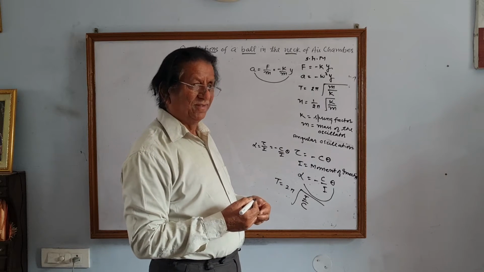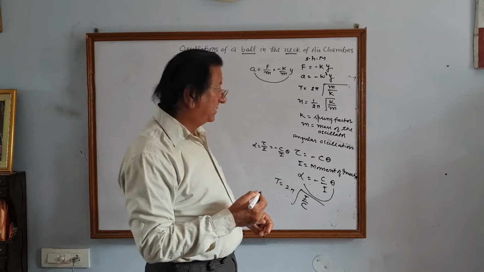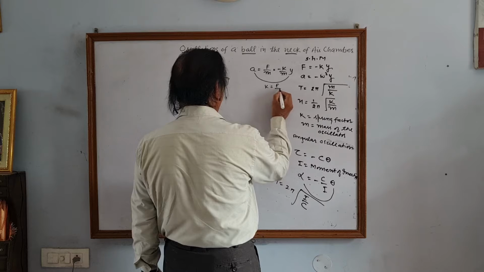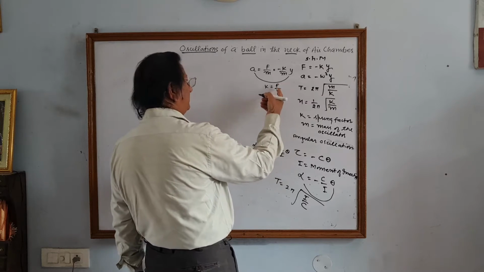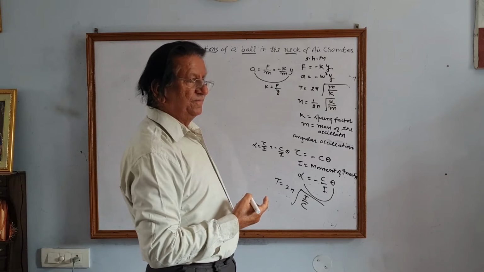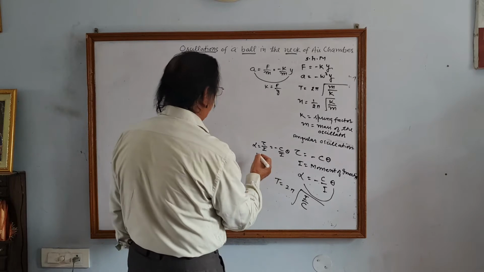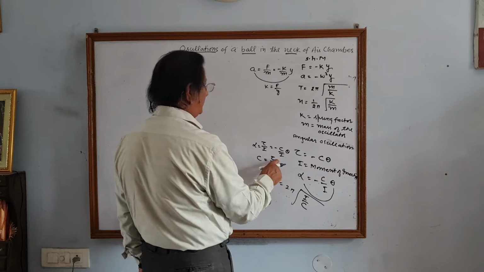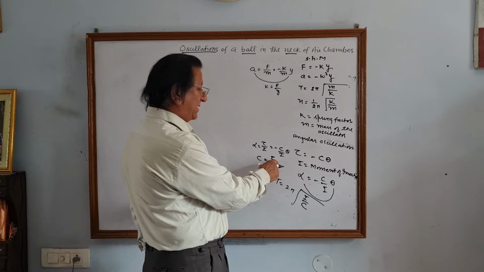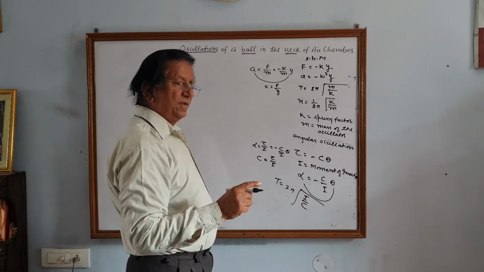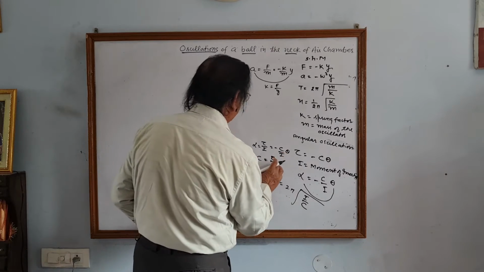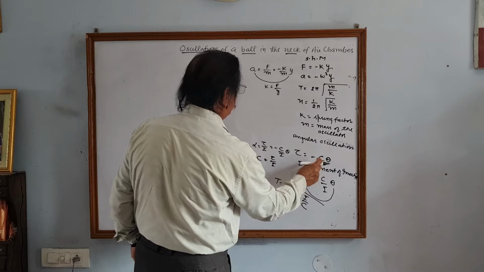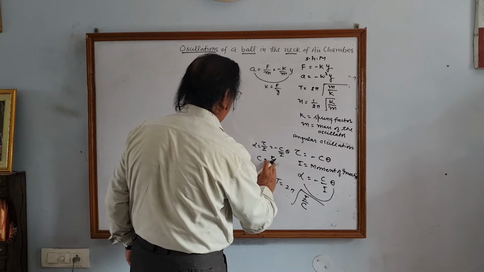What was K? K was F by Y, restoring force per unit displacement. And what is C here? It is the restoring torque per unit angular displacement. C will be torque by theta.